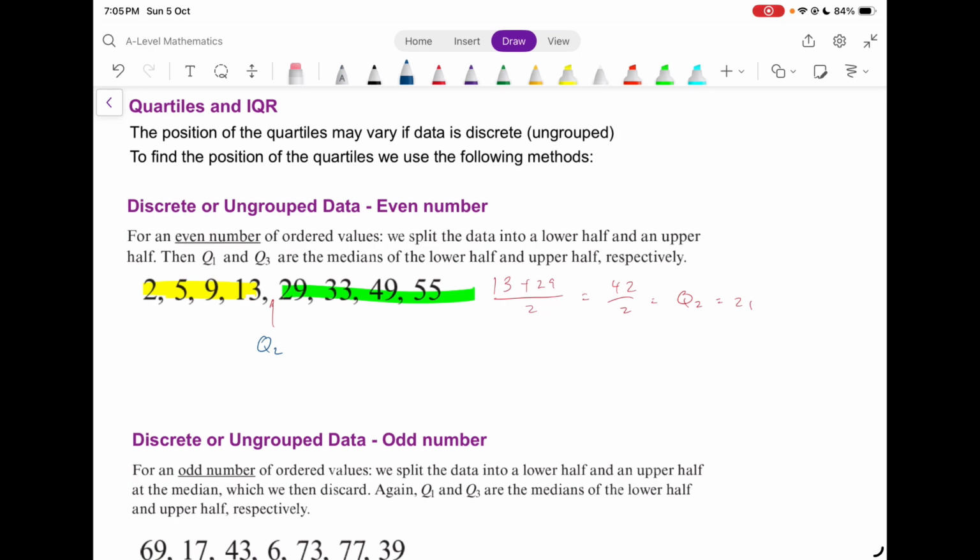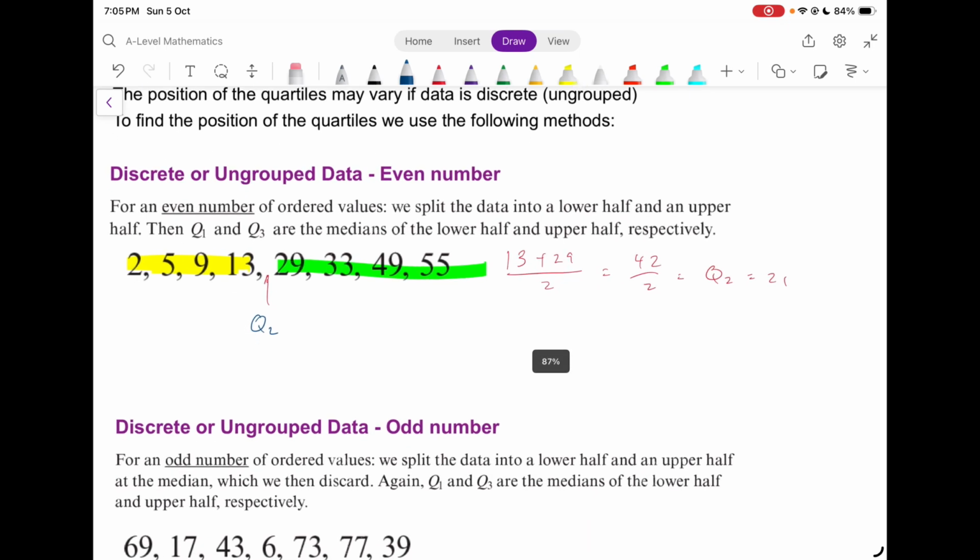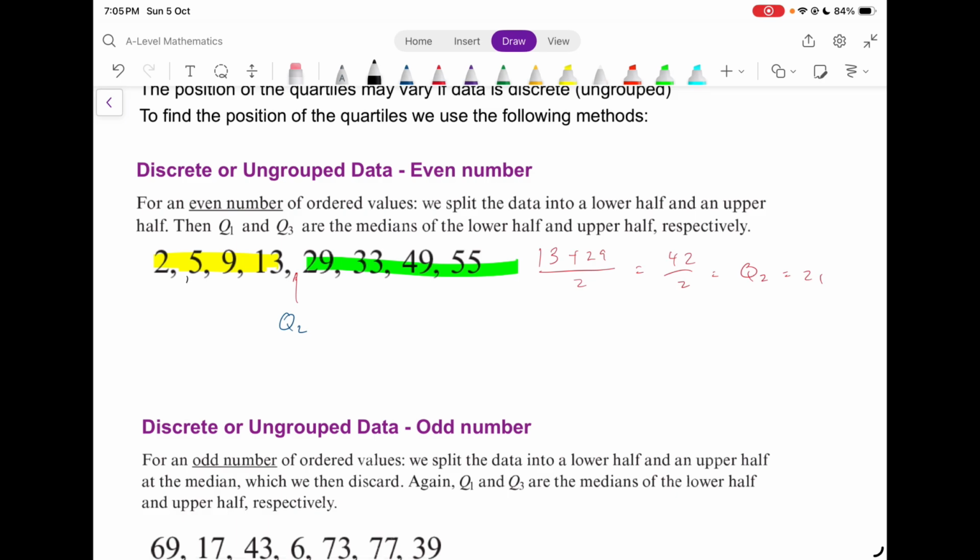This is for discrete data. The middle of 5 and 9 is 7, and similarly the middle of 33 and 49 is 41. So this is Q1 and this is Q3. Our interquartile range is 41 minus 7, which makes 34.